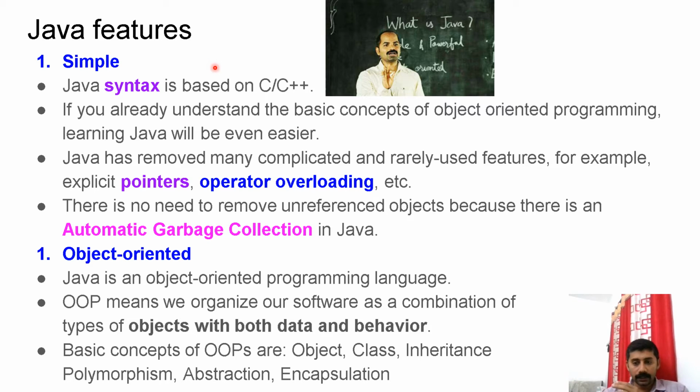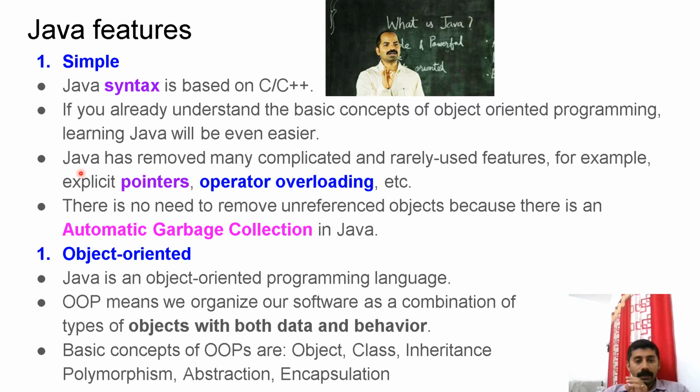If you know C programming, you know 60% of the syntax, but with respect to the object-oriented part, you are missing. If you already understand the basic concepts of object-oriented programming, learning Java will be even easier. So a person who knows C and C++ can easily learn Java.